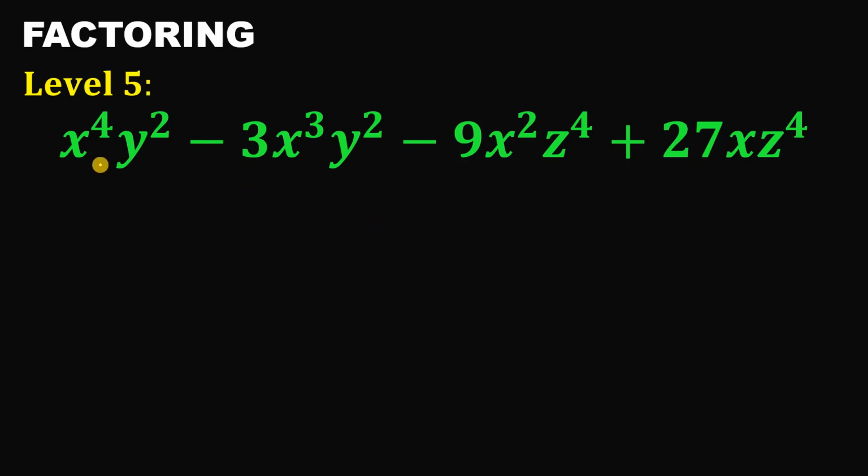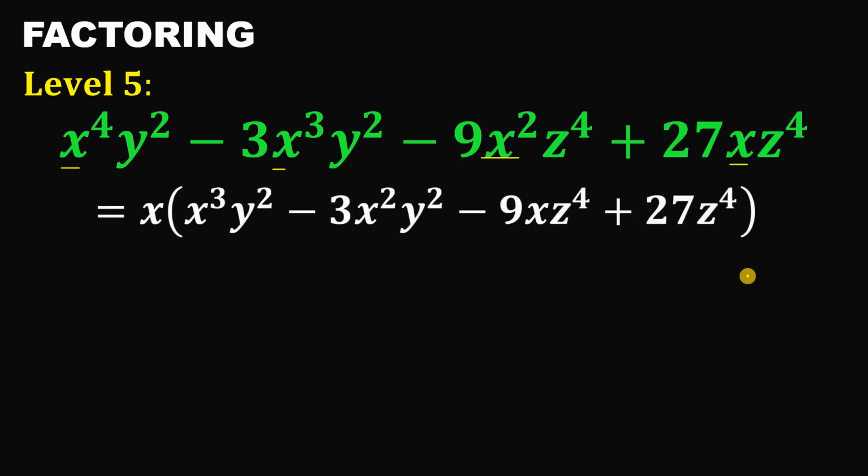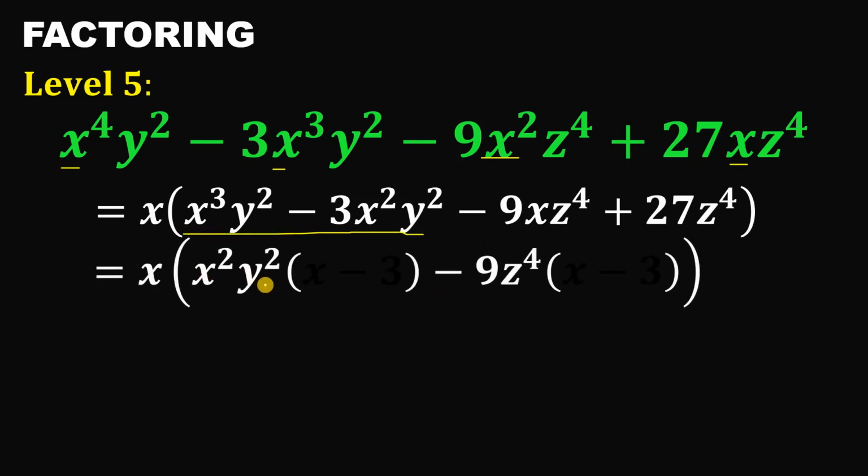So to answer this kind of question, first notice that we have a common factor of x in these four terms. So let's factor out x. Now at this point, focus on these two terms because we have a common factor of x squared y squared. And in these last two terms, we have a common factor of negative 9z raised to the fourth power.